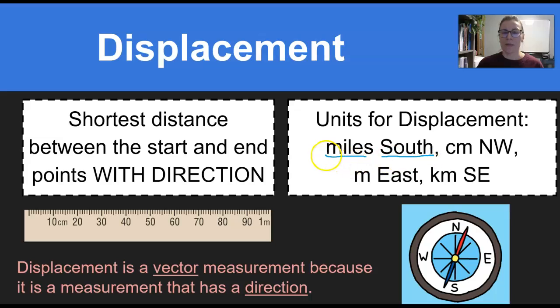So you might hear something like miles south, or centimeters northwest, or meters east, or kilometers southeast. Displacement is what we call a vector measurement because it's a measurement that includes a direction.